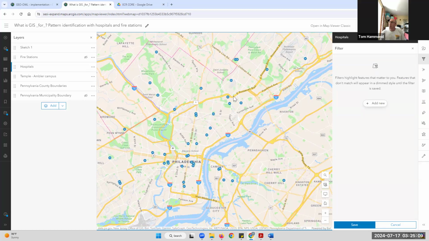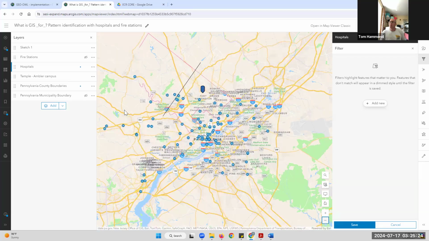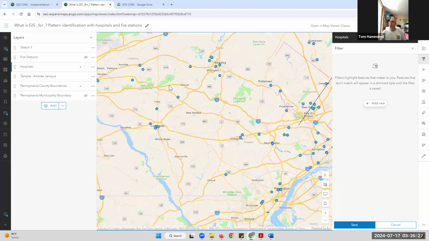And when they're not right on it, they tend to be out here near the perimeter roadways.